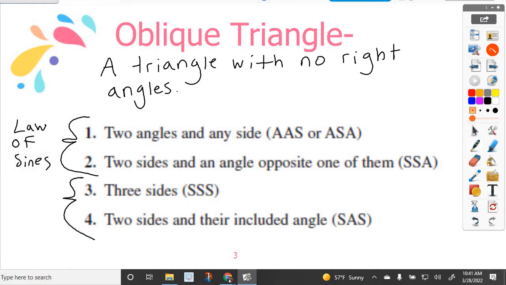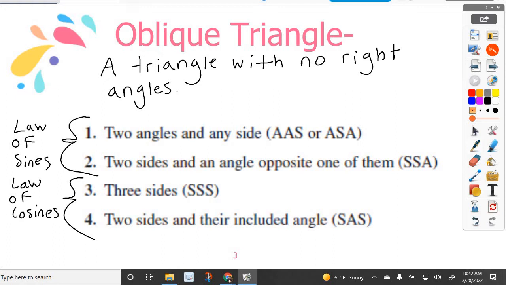The second two are what we use for our law of cosines. So today we're going to look at the first two cases, angle, angle, side, or angle, side, angle. Tomorrow is our ambiguous case, side, side, angle. And then Thursday and Friday are our last two for law of cosines.